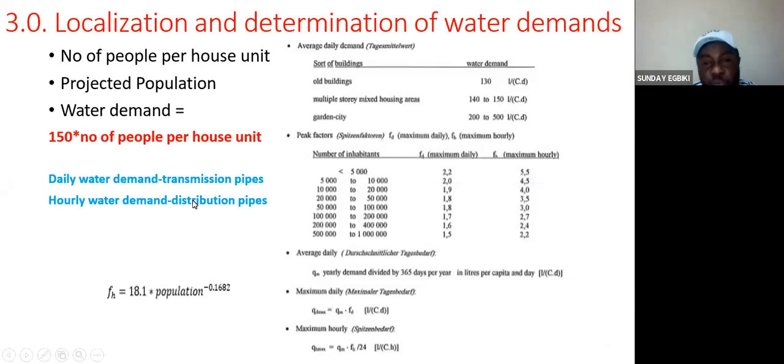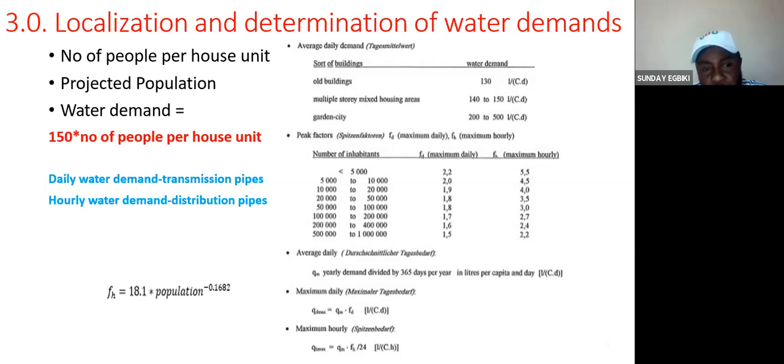In a pipe distribution system, if you are taking water from the borehole, from the water source to the elevated tank, the pipe that you use is what we call the transmission pipe. The pipe you use to take water from the overhead tank to the consumer house is what we call the distribution pipe.